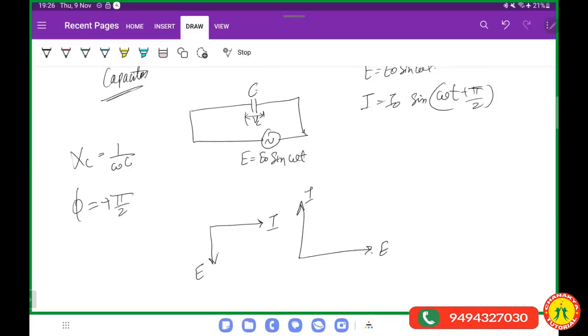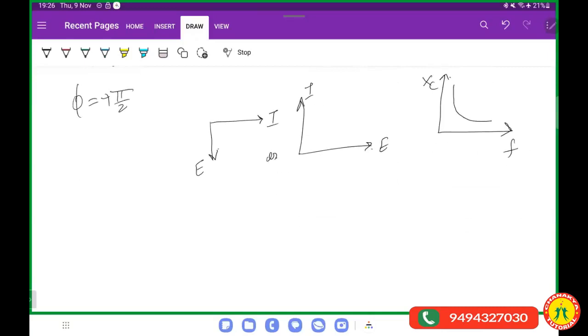That is also okay. XC and omega C. Sorry, frequency. Then the graph.